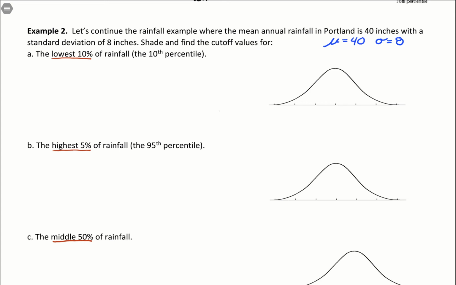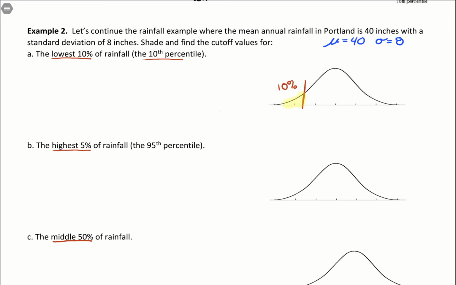So visually, looking for the lowest 10%, we're going to have some sort of division on the left-hand side, because the lowest 10% will look like this small area to the left-hand side on our bell-shaped curve. And this area to the left of 10%, we would also call the 10th percentile.